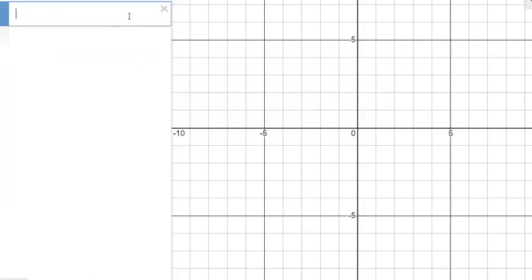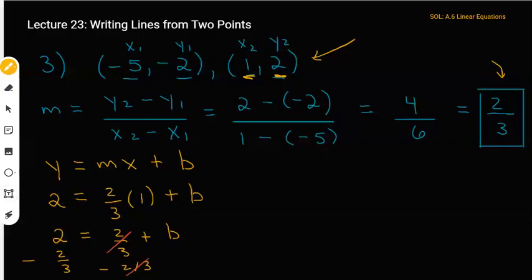So I'm going to type in 2 minus 2/3 to see what I get. And it gives me 1.3 repeating. If I click on this, it's not giving me a fraction. But then if I click on this right here under the 2 icon, it's going to give me 4/3. So 4/3 is going to be my b value. b equals 4/3.